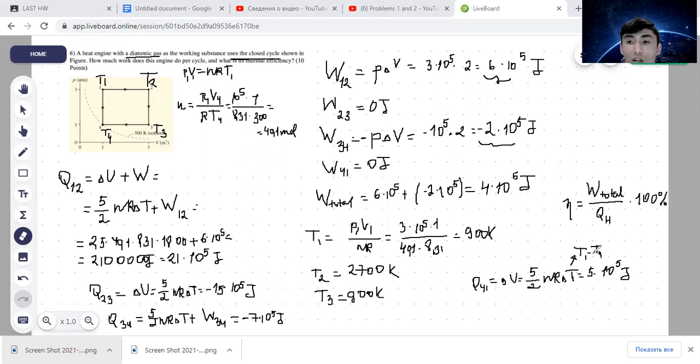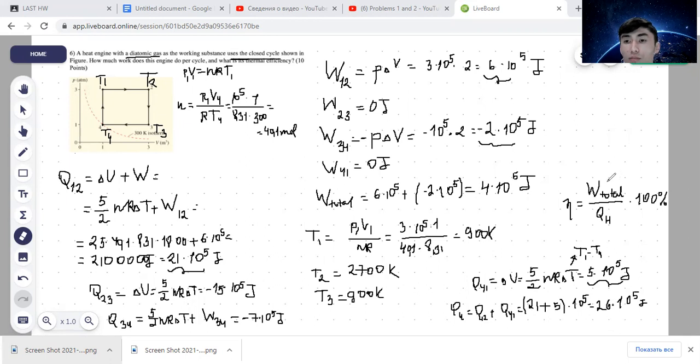Here only two energies are positive, Q1 and 2 and Q4 and 1. So Q heat equals Q1 2 plus Q4 1. Here it is 21 plus 5 in parentheses times 10 to the power of 5, right? So here it will be 26 times 10 to the power of 5 joule.